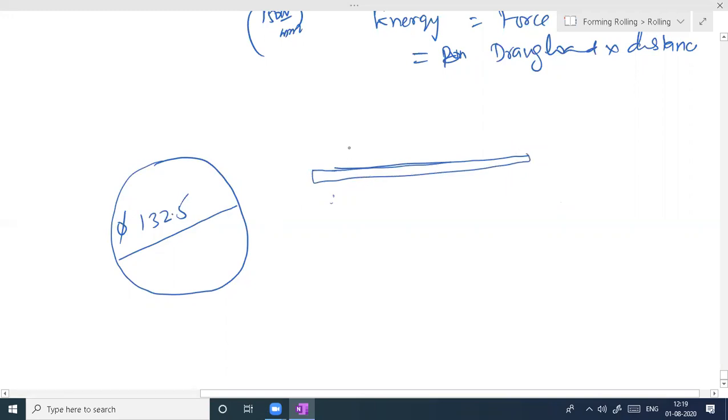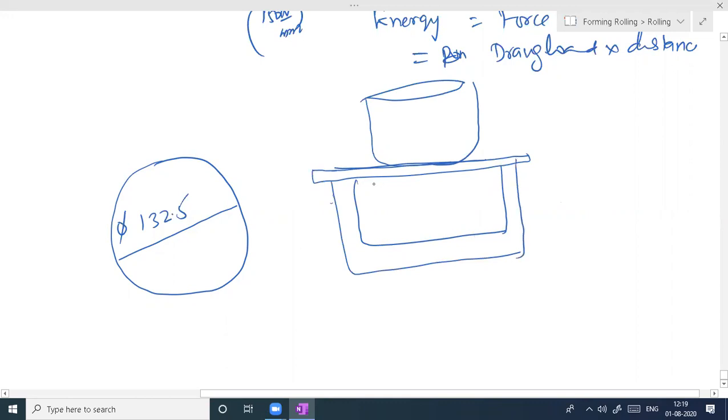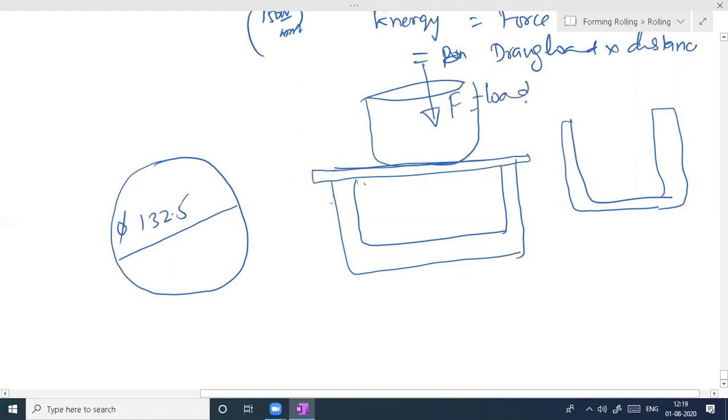Like this, you have necessary rounding in the punch, and this is your die. So it will follow this, and finally the cup will be formed. So here the punch force F, that we call load, drawing load, and the distance will be this height.